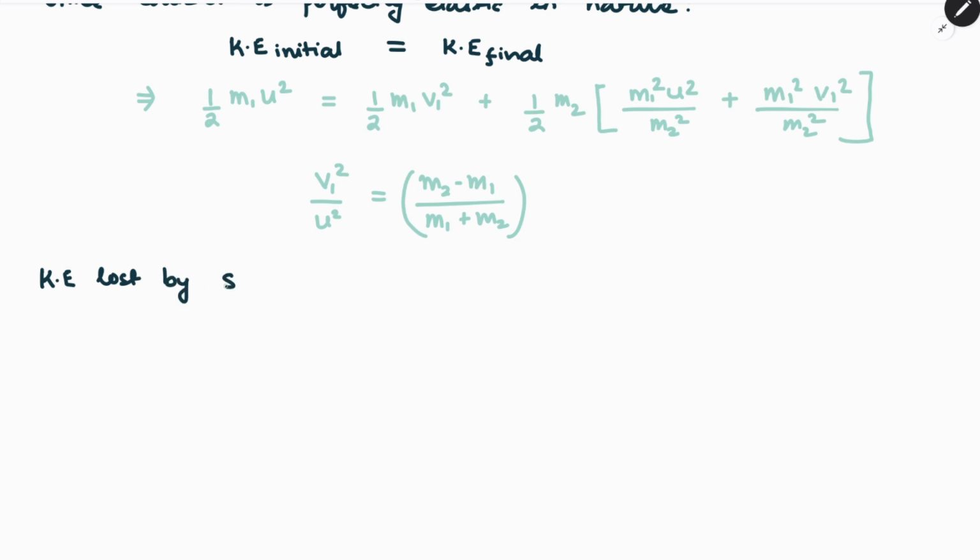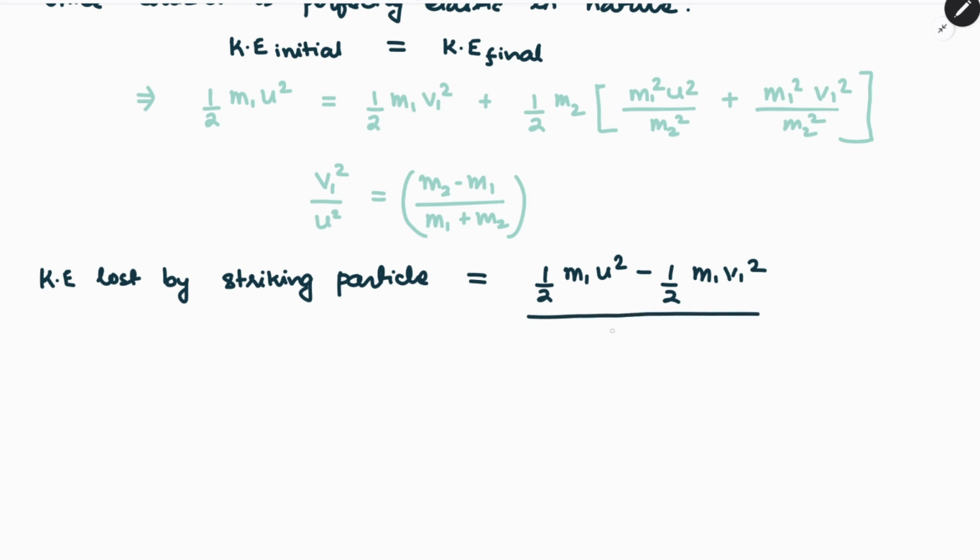So we calculate the loss in kinetic energy relative to the original kinetic energy. So the loss can be written as half m1 u square minus half m1 v1 square upon the initial kinetic energy, that is half m1 u square.